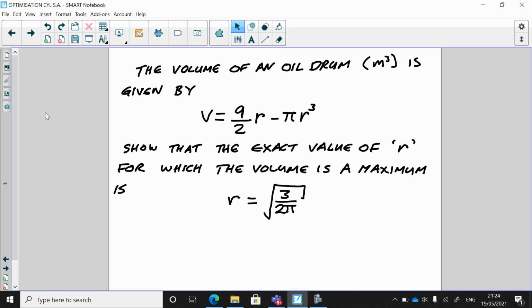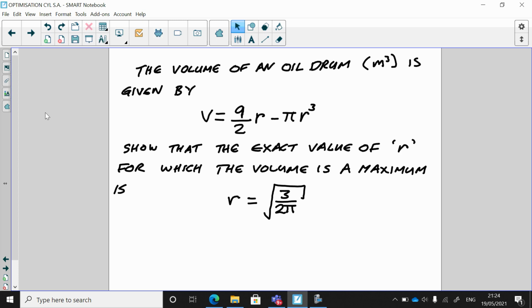But here's the question. What are the instructions? Go and get the exact value of r for a maximum volume. Ensure that it's actually equal to the square root of 3/2 pi.